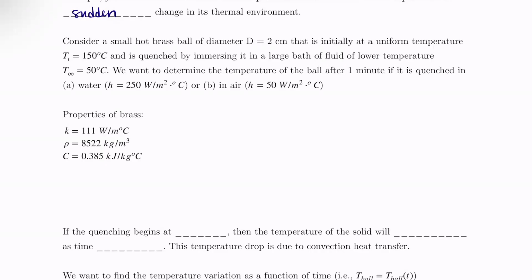So our fluid in this bath is 50 degrees C. We want to determine the temperature of the ball after 1 minute, so after some specified amount of time, if it's quenched in water or if it's quenched in air. And you'll notice that we have h values here. Just to remind you, since I know it's easy to mix these up, this is not enthalpy. This is the convective heat transfer coefficient.